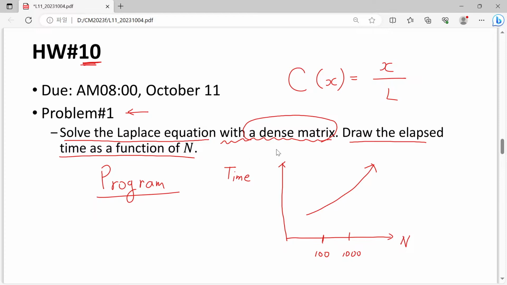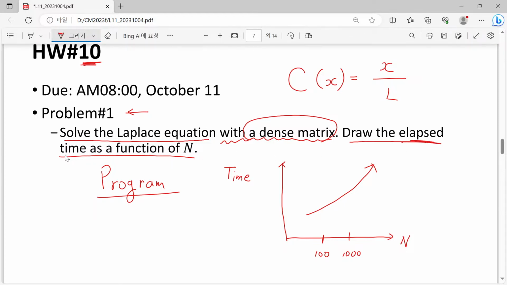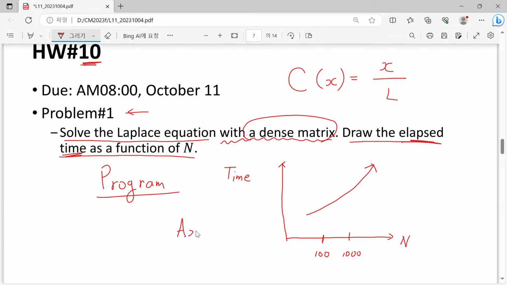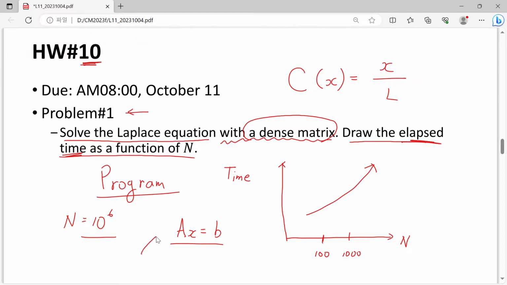Also, when you talk about the elapsed time, it would be better to consider the time spent for AX equal to B. For example, if you have very large n values, for example a million, then in order to construct your matrix A, you will spend quite a lot of time.